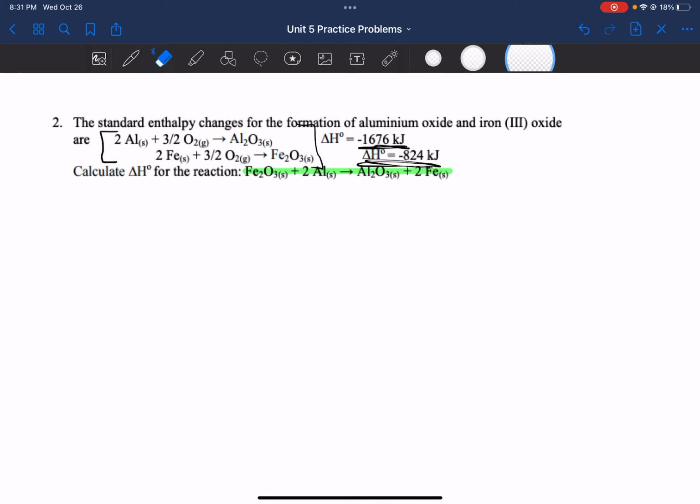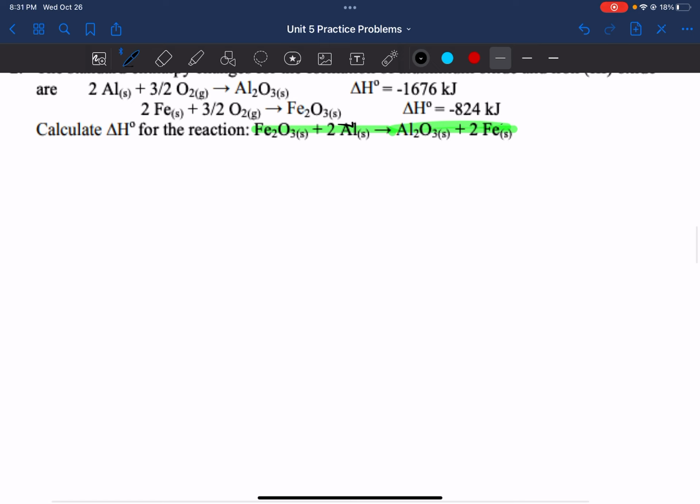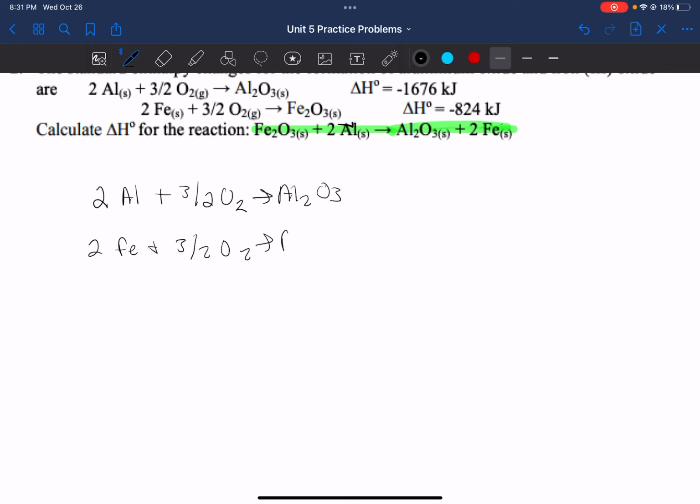So right now, I usually start by writing down the equations that they give us. So that'll just be 2 aluminum plus 3 over 2 O2 equaling Al2O3, and then 2 Fe plus 3 over 2 O2 equals Fe2O3.